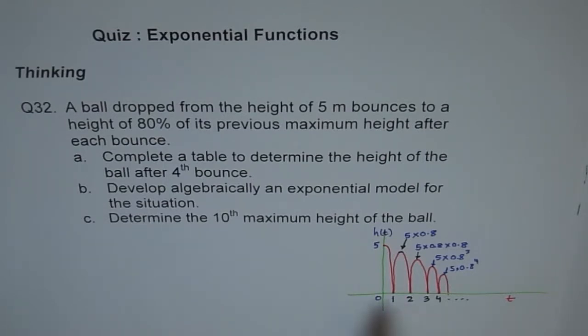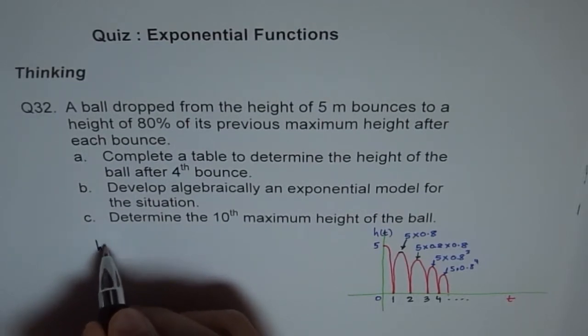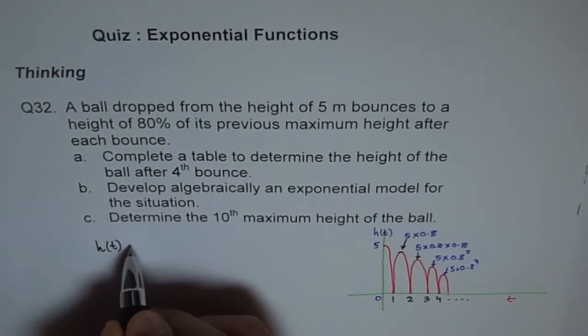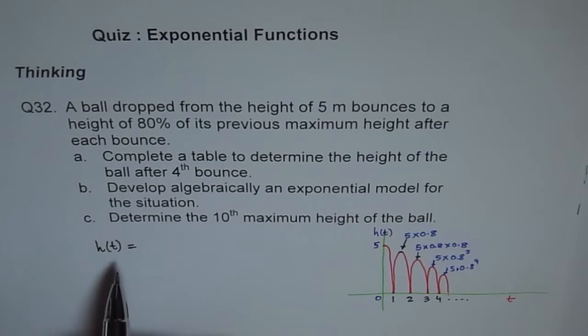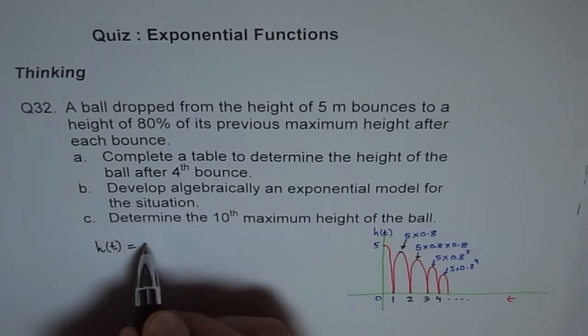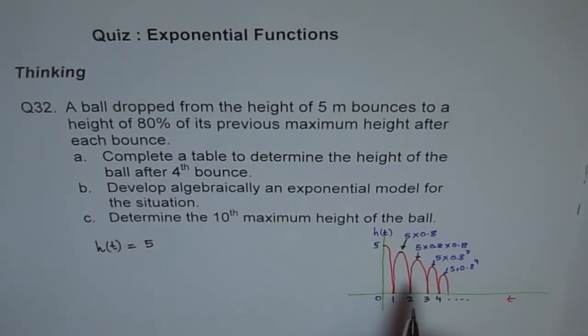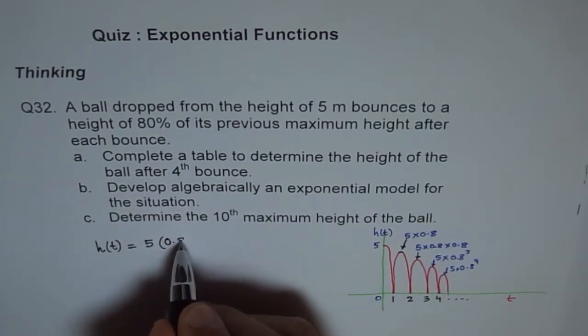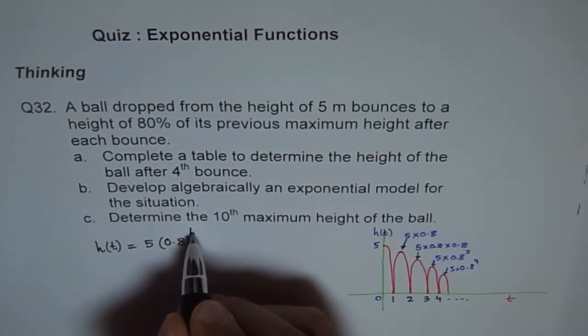We can write this function as h of t for the ball. Let t be the number of times it hit the ground, and h be the height of the ball after it bounces back. So the initial height is 5, my factor is 0.8, to the power of t.